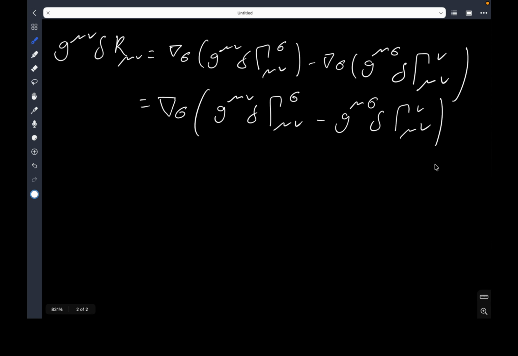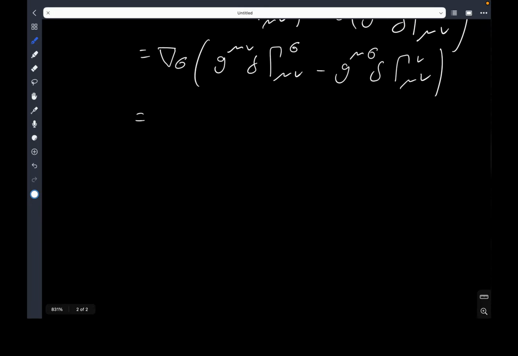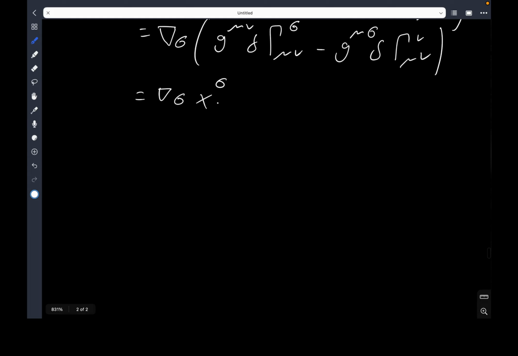And that is exactly equal to the divergence, which can be written as the covariant derivative of X sigma, and that divergence is going to be zero. Just like you've probably seen that the divergence of the energy momentum tensor is 0, the same thing applies here.